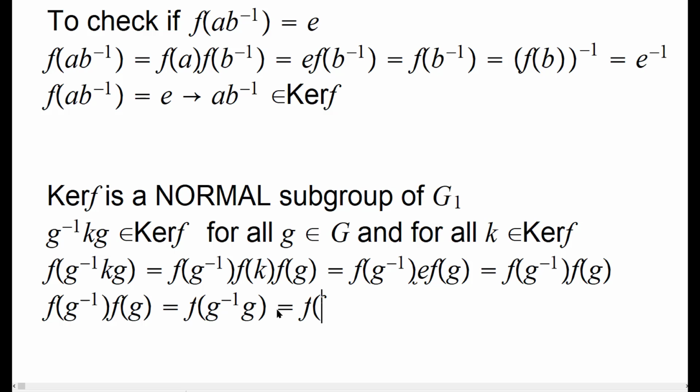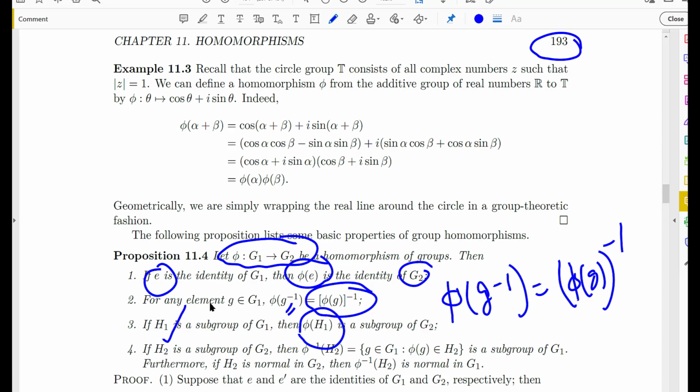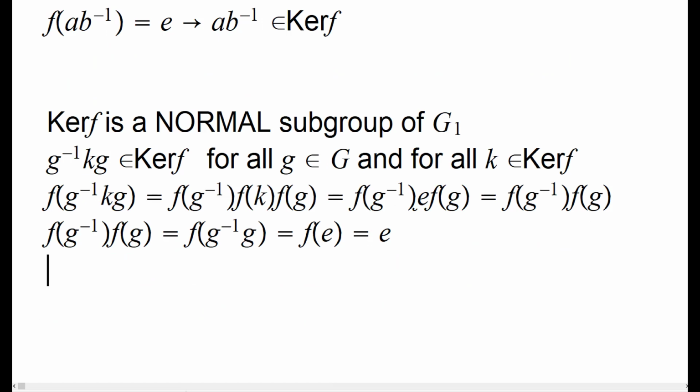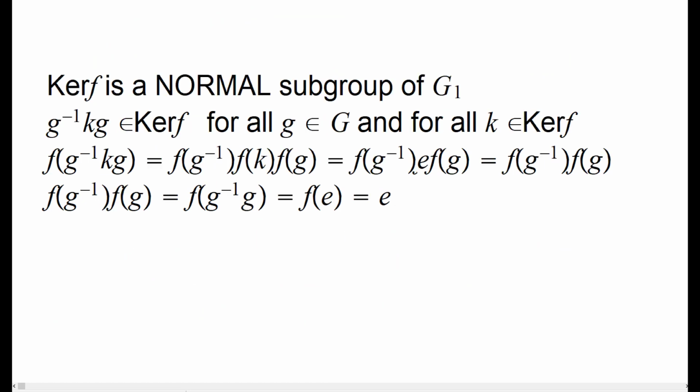So this is F of the identity in G1, and that will go to the identity in G2 just because F is a homomorphism, right? And a homomorphism, as we had seen, carries identity to identity.